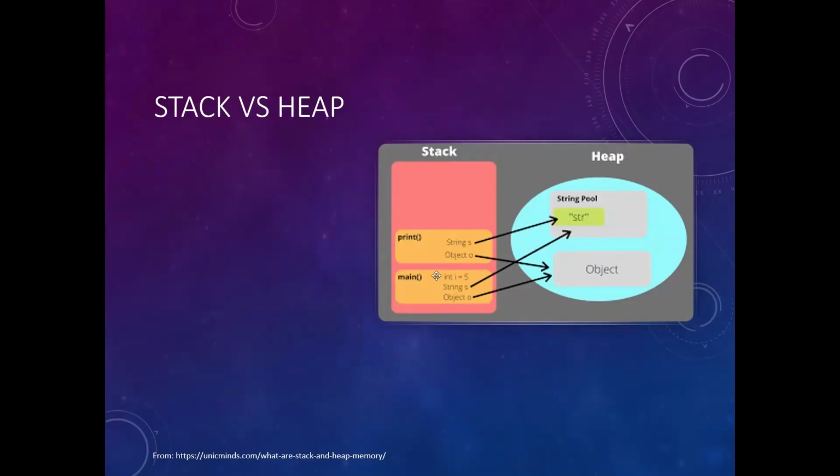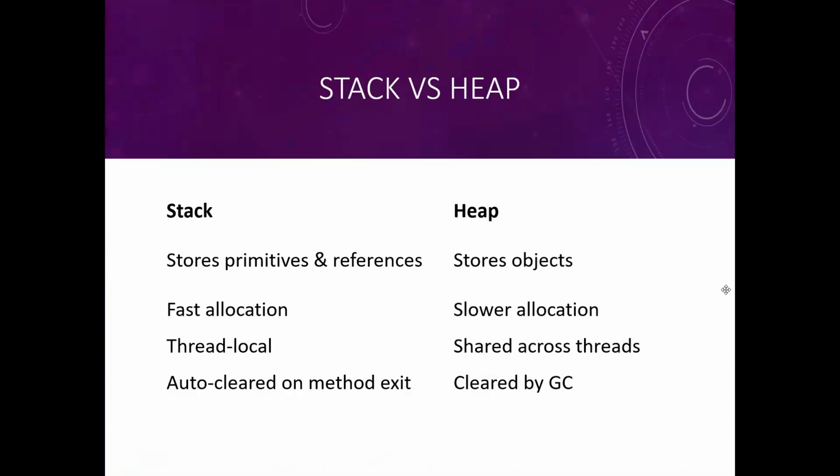You also have your primitives in the stack. So your primitives are stored in the stack as well. And again, you have your reference pointing to the string, and you have the reference pointing to the object. Okay. And here's a nice little summary slide for comparison that you can look at in your own time.